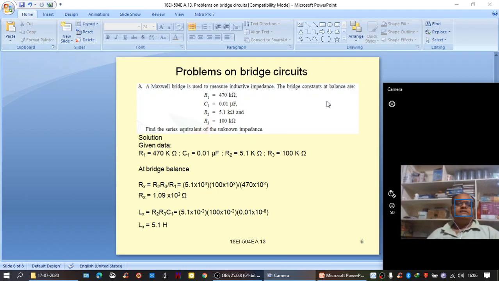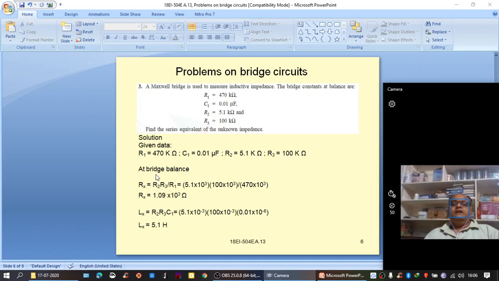The bridge constants are: R1 equal to 470 kilo ohms, C1 equal to 0.01 microfarads, R2 equal to 5.1 kilo ohms, R3 equal to 100 kilo ohms. We have to find out Lx and Rx of the inductive impedance.